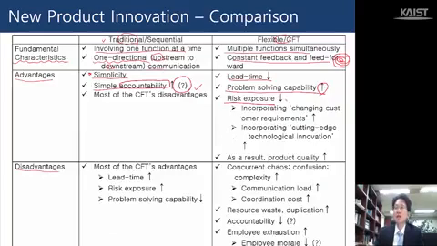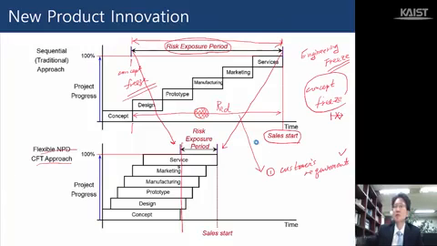So risk exposure goes down, therefore incorporating changing customer requirements was possible, and incorporating cutting-edge technological innovation was possible. What does that mean? That means that customer requirements change during this period, and it's also possible that some huge technological innovation occurs during this risk exposure period.